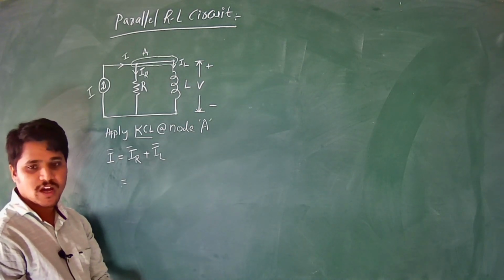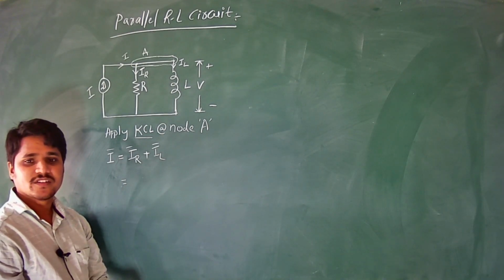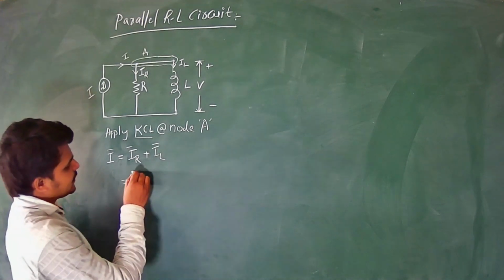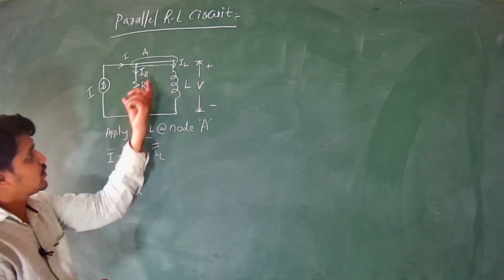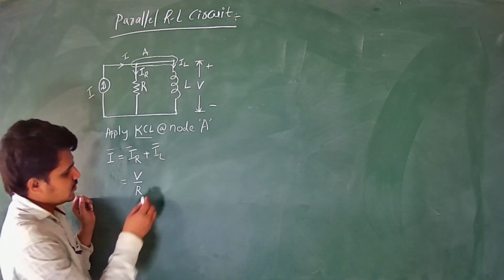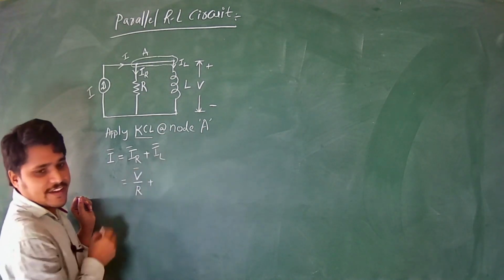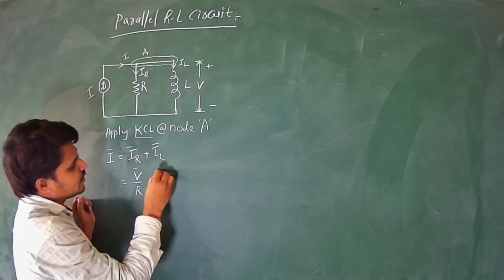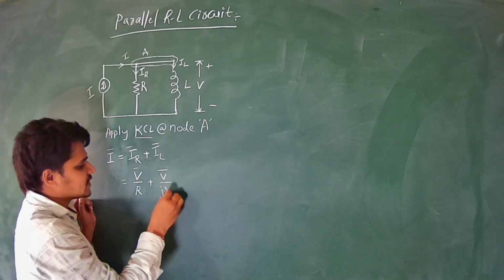From Ohm's law, the current flowing in the resistor R is equal to V by R. And the current flowing in the inductor, IL, is equal to V by Z, that is V by jXL.